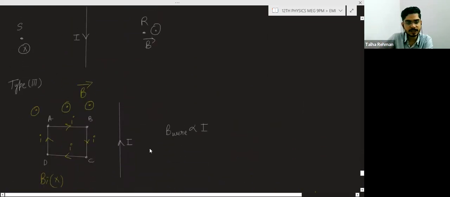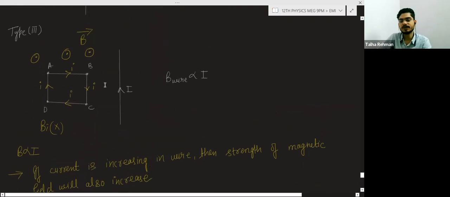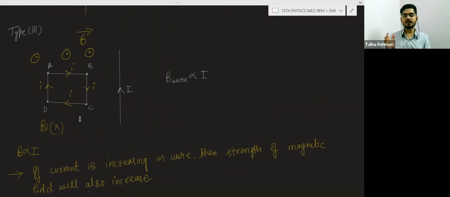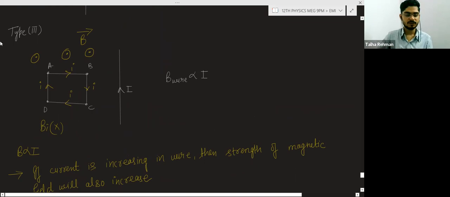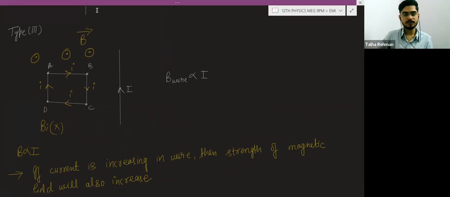Okay, so this is the third type of question. A wire will be given and a coil will be given, and you have to tell the direction of the induced EMF with respect to the current decreasing or increasing. Okay, note it down.